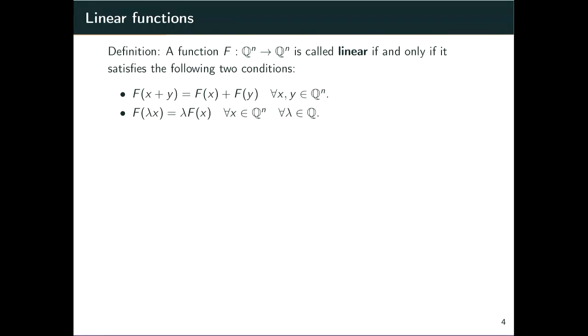Okay, so a function is called linear if and only if it satisfies the following two conditions. The first one is if you take the function and apply it to the sum of two vectors, then it's the same as applying the function to the first vector and then adding it with the function applied to the second vector. And then the second rule is something kind of similar. It is that the function applied to the scalar product of lambda and x is equal to lambda times the function applied to x.